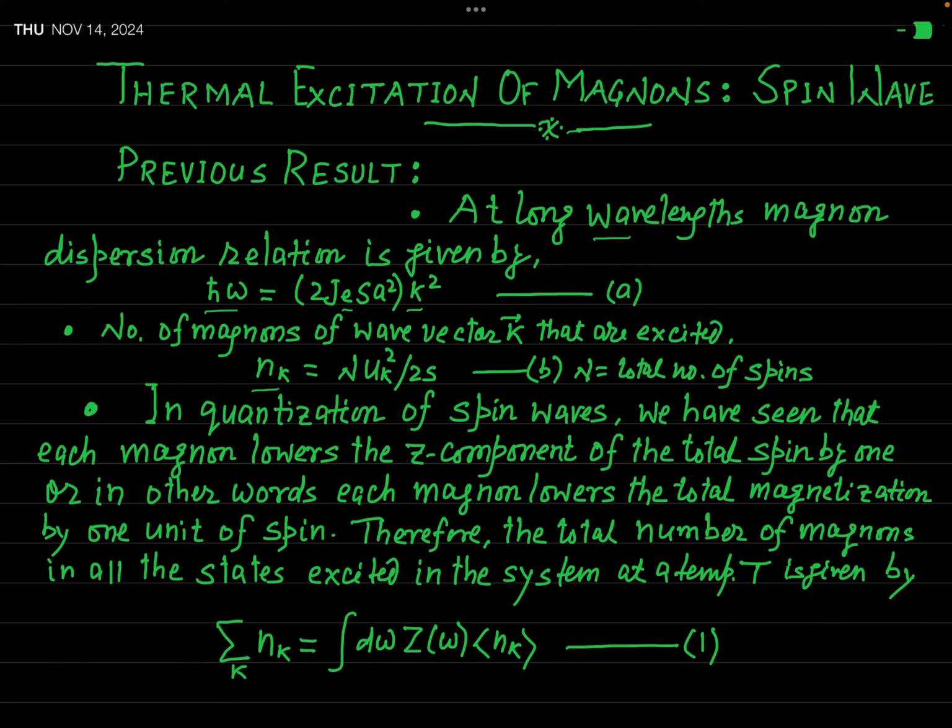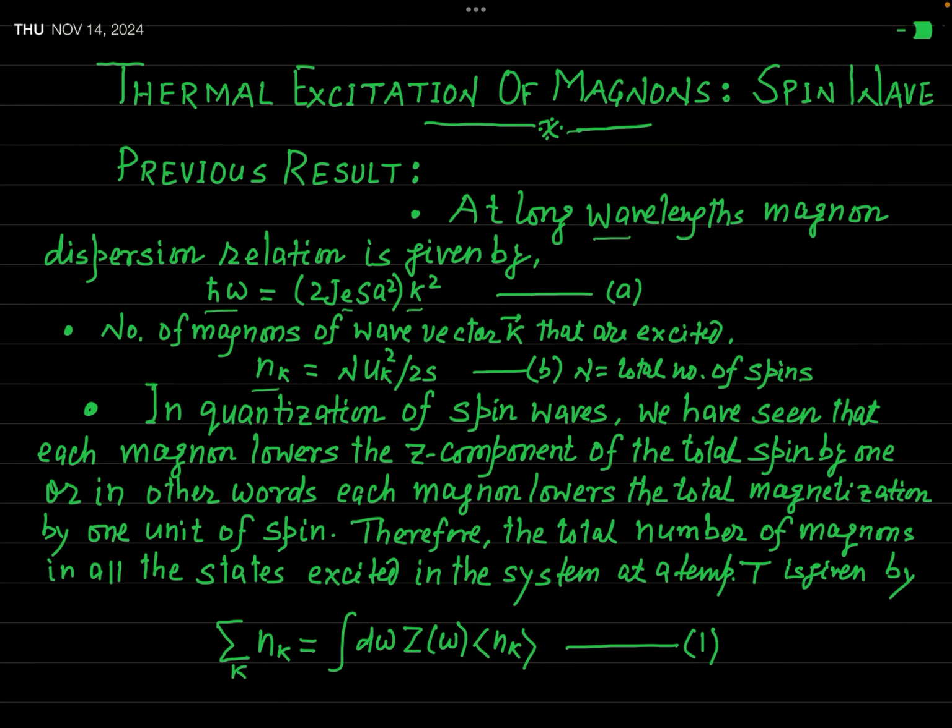Here n_k is an integer, and it is equal to the number of magnons of wave vector k. Okay, and N is the total number of spins in unit volume of the specimen, and u_k is the amplitude of the kth spin wave, or a spin wave with wave vector k. Okay.